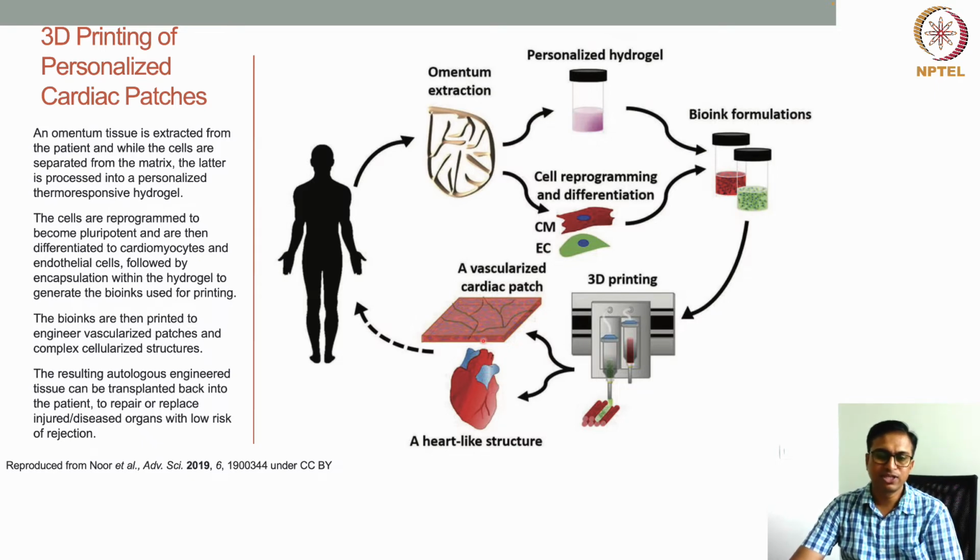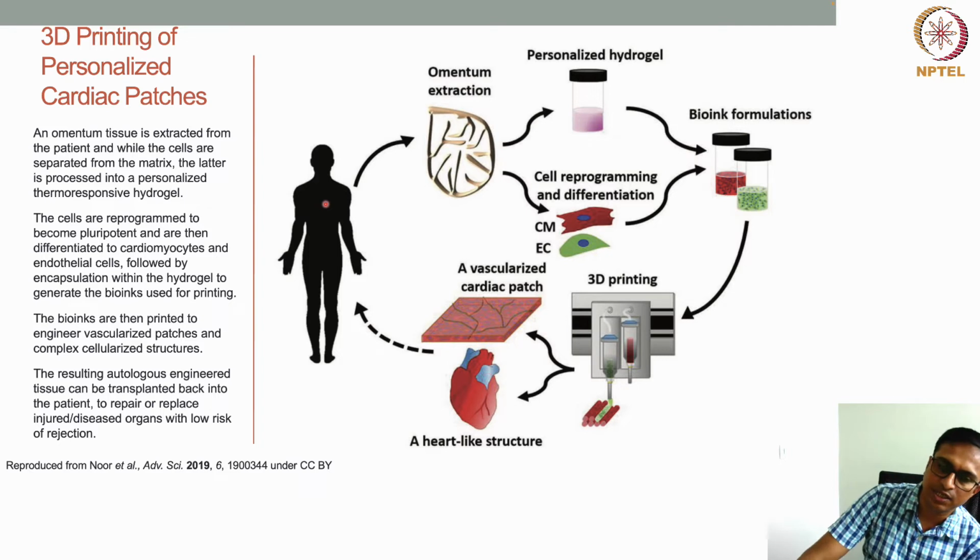And then after maturation, that can be implanted into the diseased area. Suppose there is an MI, a myocardial infarcted area, where the patch can be implanted, and it can help in the regeneration of that area.